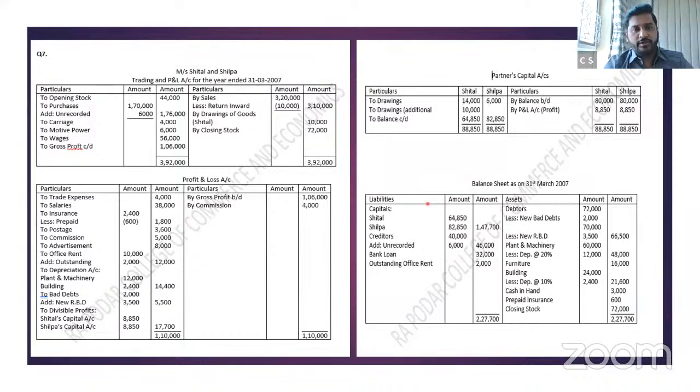If any kind of insurance is paid for any period beyond 31st March, it would be taken as prepaid. And any insurance is paid for 1 year. Try to understand this. If the statement is like insurance is paid till 30th of September, or if it is 30th of June, it means you have paid 3 months extra.